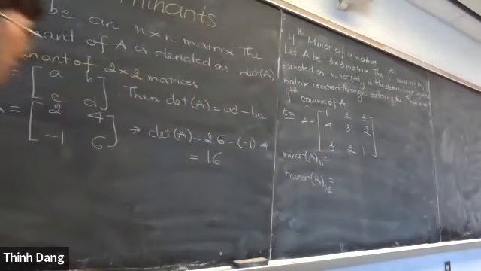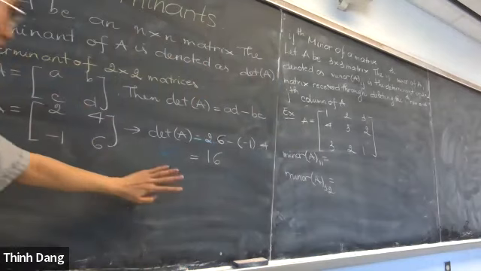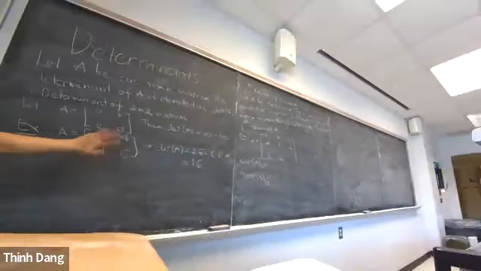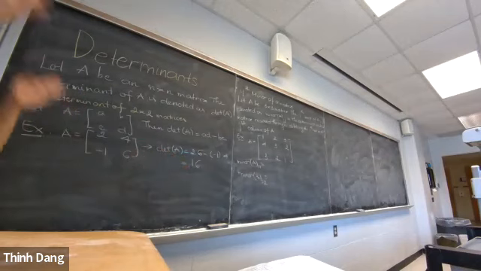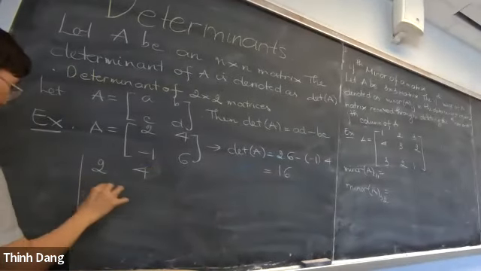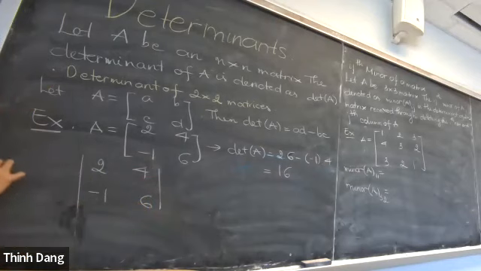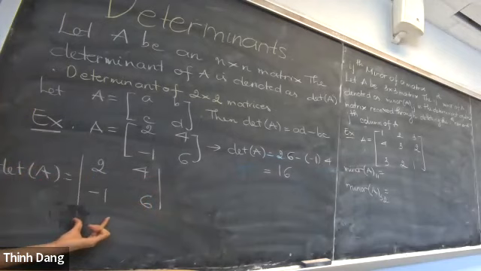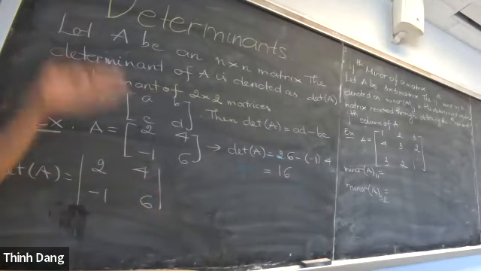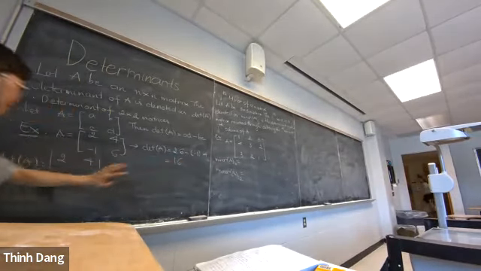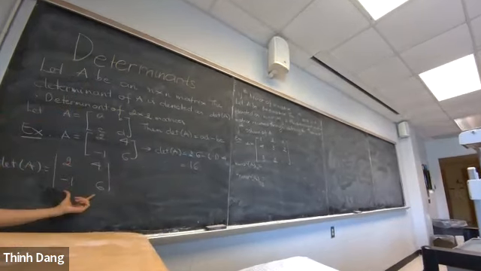Oh, and I forgot to mention another notation for the determinant. Instead of det A, you can also put the matrix between two vertical lines. The formula is still the same, so sometimes I will use det A, and sometimes this notation.